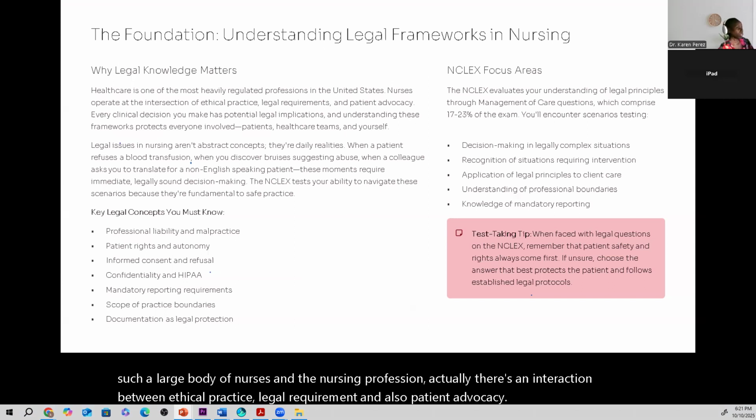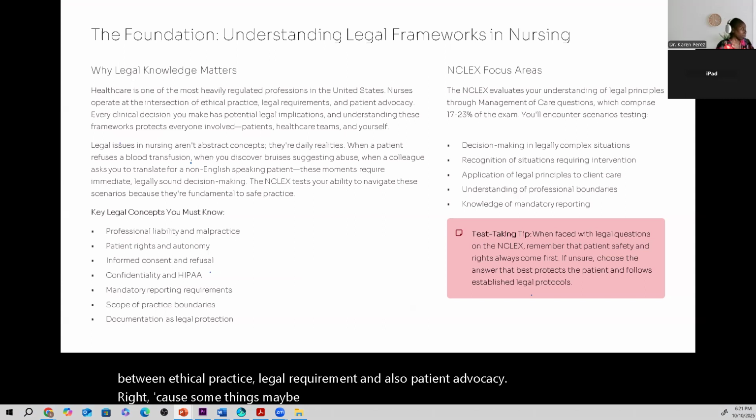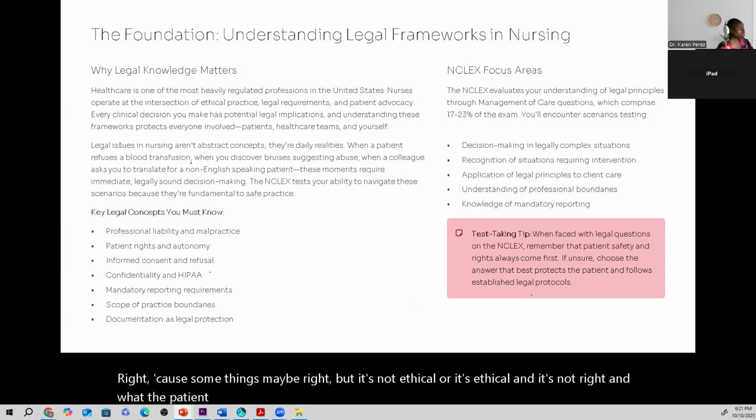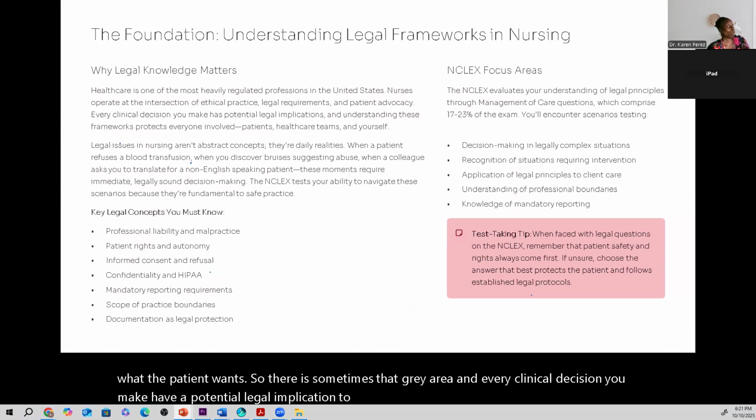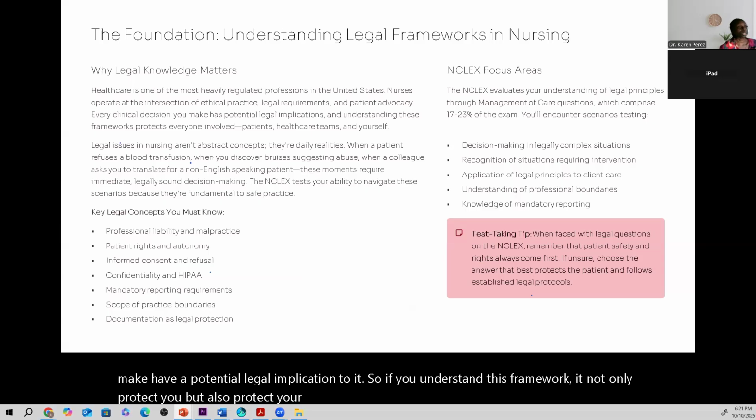Because some things may be right but not ethical, or ethical and not right, and what the patient wants. So there's sometimes that gray area. And every clinical decision you make has a potential legal implication. If you understand this framework, it not only protects you, but also your patient and your colleagues.